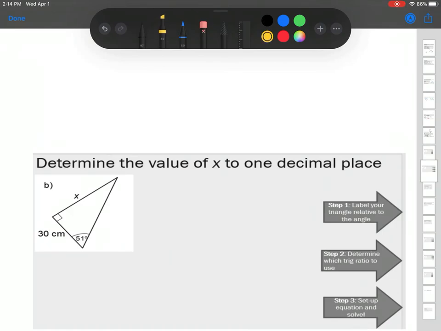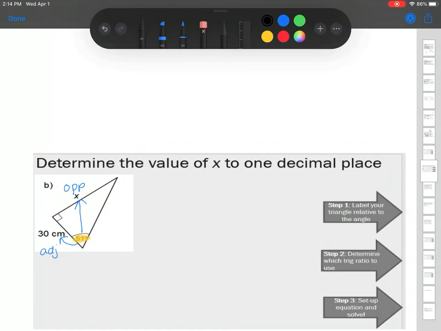If you are a highlighter, give the angle a little highlight so that you can see which angle we're given. So step number 1 on the side here says label your triangle relative to the angle. So over here is across from the 51, the opposite side, whereas the 30 here is the adjacent side.